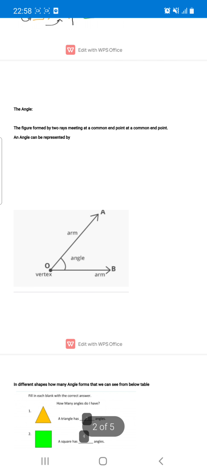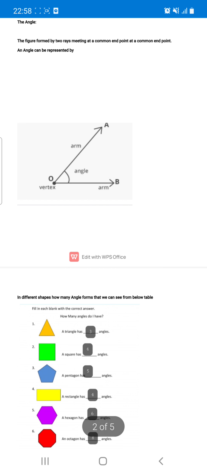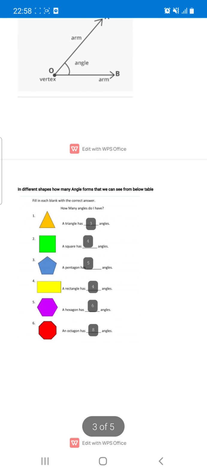Here two rays, or you can say arms, OA and OB, meet at one endpoint, that is O, and form one angle. You can say angle AOB.